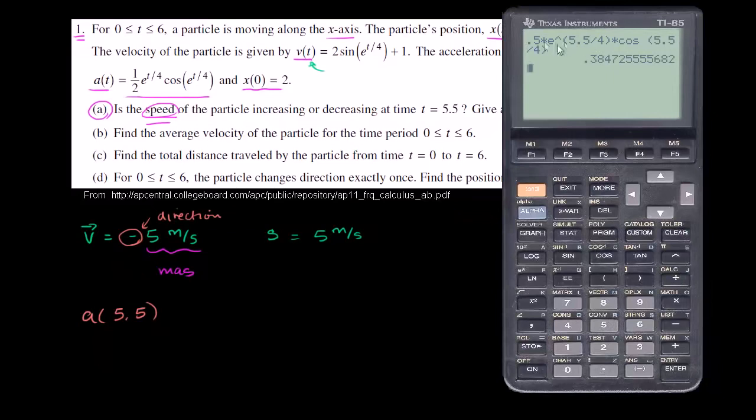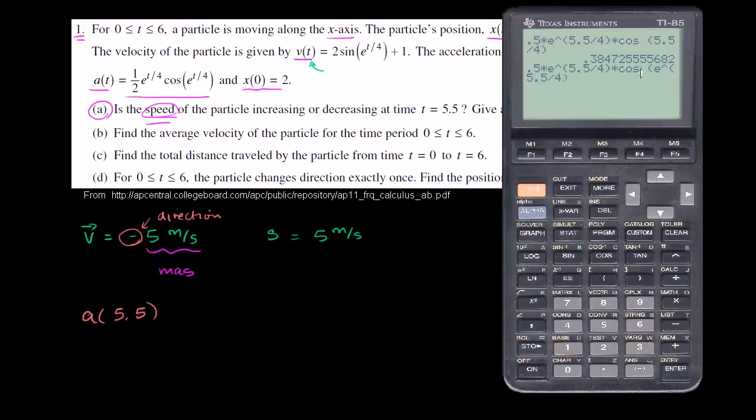Did I do that right? We have 0.5 times e to the 5.5 divided by 4 times cosine. Oh, sorry, I made a mistake. That looked a little strange. It's not cosine of 5.5 divided by 4. It's cosine of e to the 5.5 divided by 4.